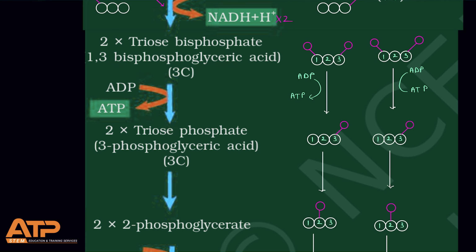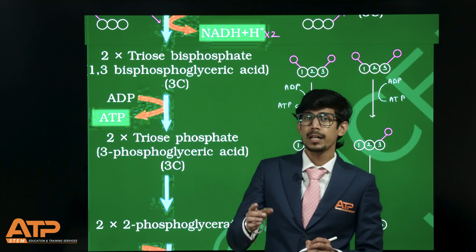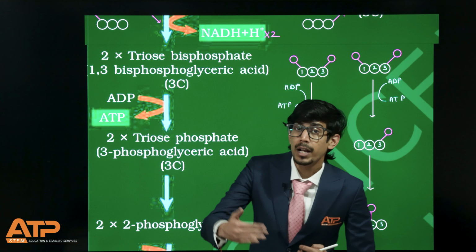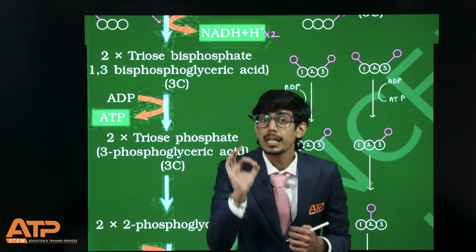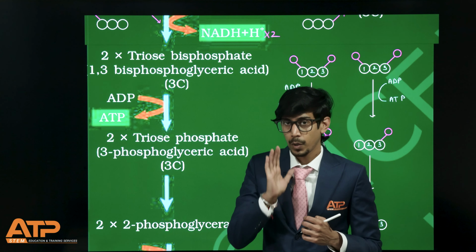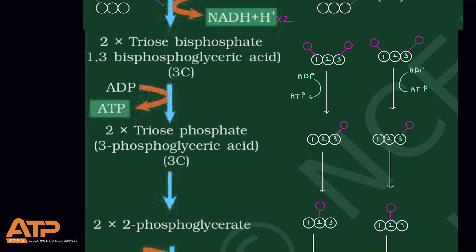So this ADP will get a phosphate from the first carbon here, and this ADP will also get the phosphate from the first carbon here. ADP gets converted into what? Adenosine diphosphate takes one more phosphate and becomes ATP, adenosine triphosphate. After these phosphates are given to ADP, we get 2 molecules of ATP here.